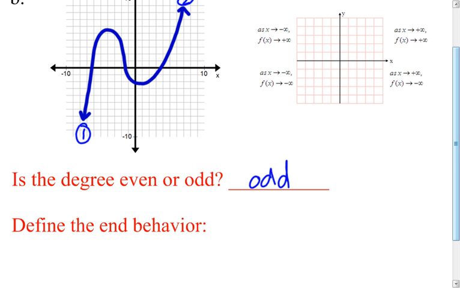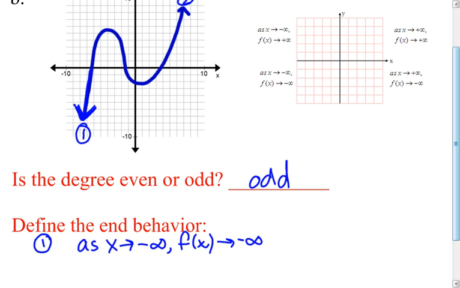Okay, so to define the end behavior here, of course what's happening right here is I move this way, I'm moving to the left and down. And so because I'm moving to the left and down, my x's are getting smaller, and so are my y's.